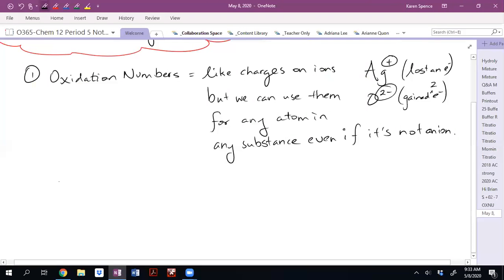All right. So how do you find the oxidation number? Well, some things have oxidation numbers that are really, really easy to remember, and they're really obvious, okay? So, rules for finding oxidation numbers.